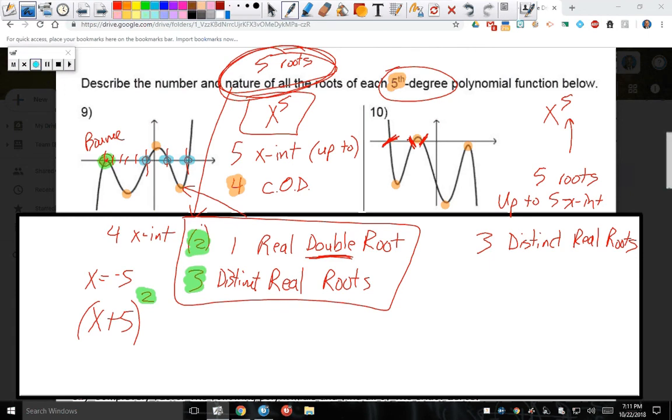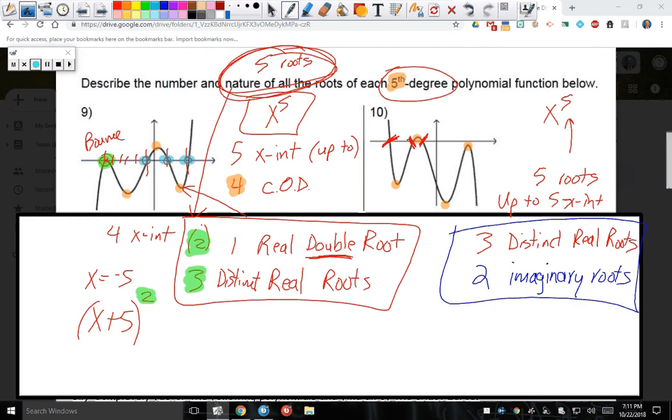And then we're going to account for these, not double roots, but imaginary roots that almost made it to the x-axis. They're going to be two imaginary roots. You could say this as non-real. So imaginary roots, which would give us the total of 5.